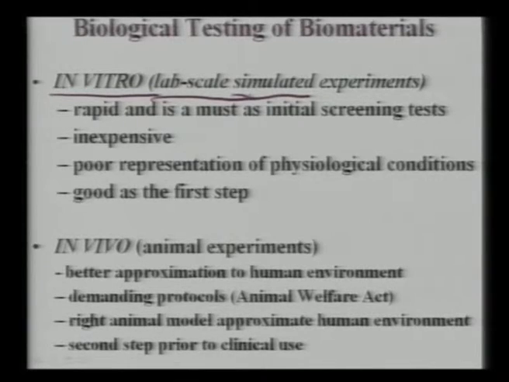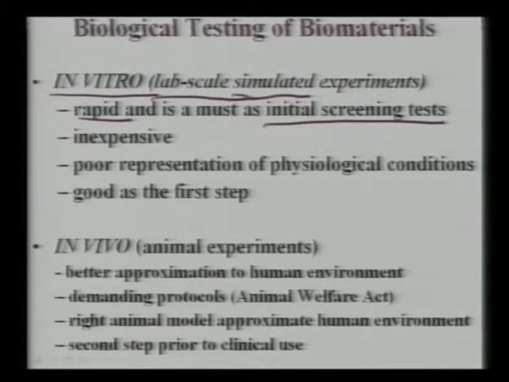Also, these in vitro experiments are very rapid and mostly initial screening experiments, because for in vivo experiments you are sacrificing animals, and that is not good, right? So you should first do the in vitro experiments, select the best material out of them, and then do in vivo experiments. That is the logical sequence of biological testing.